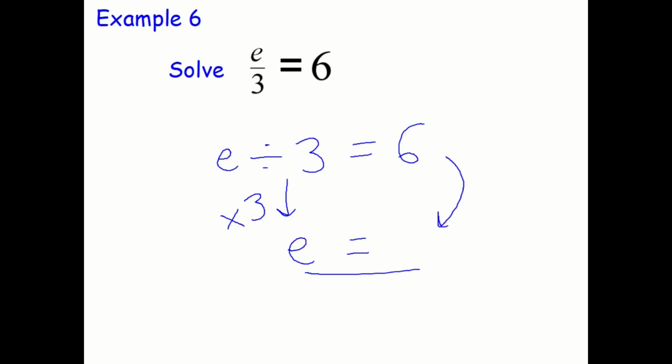And whatever I do to one side, I must do to the other. 6 3s are 18. Again, you can always check your answer. If that is 18, you can put it back into here and see if it works. 18 divided by 3 is 6. So yes, it works.